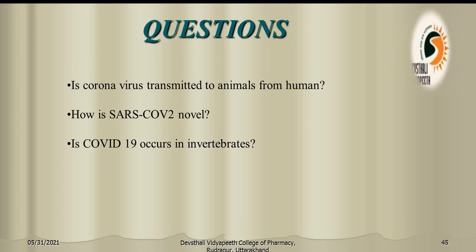But in the case of SARS-CoV-2, the origin is still unknown. If we consider that the bat is the origin, the intermediary animal between the bat and the human still remains unknown. Hence SARS-CoV-2 is still novel.